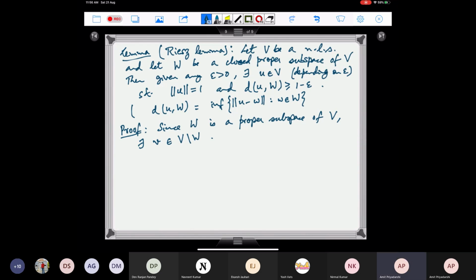So then, if we write delta equal to the distance of V to W, what can you say about delta? Can it be 0? No, why?